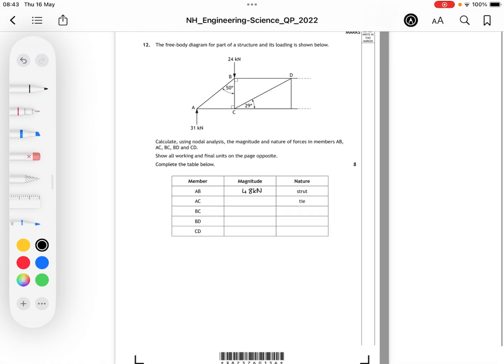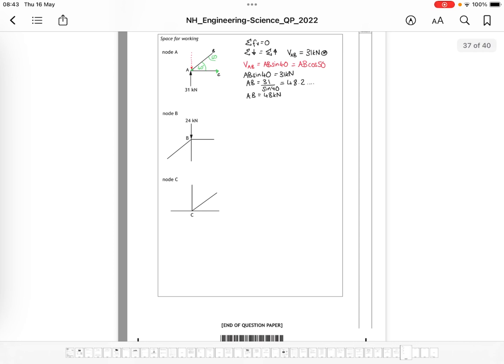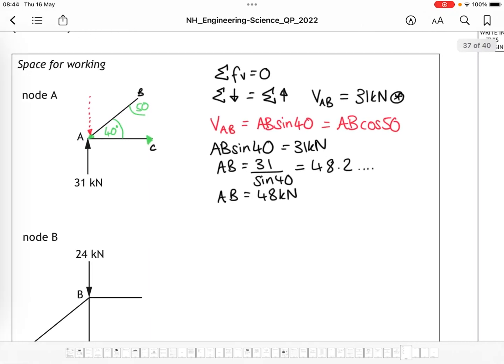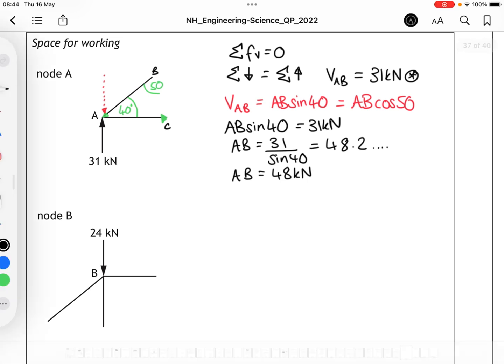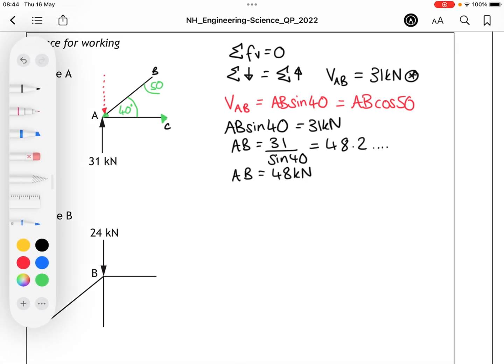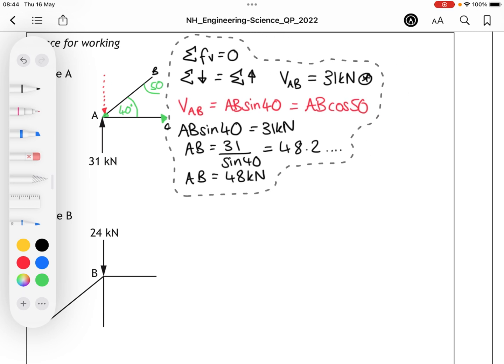And now I'm going to go back to the same node and resolve horizontally. So I'm still working on node A. Let me see if I can make this a little bit smaller so I get some more space. I can move it over anyway. Now I'm going to switch colour to keep it a little bit easier.